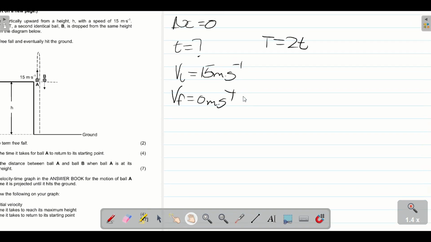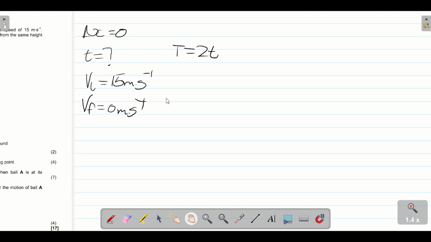So back to our question and these values. We'll be using the first equation, which is final velocity equals initial velocity plus acceleration times change in time.